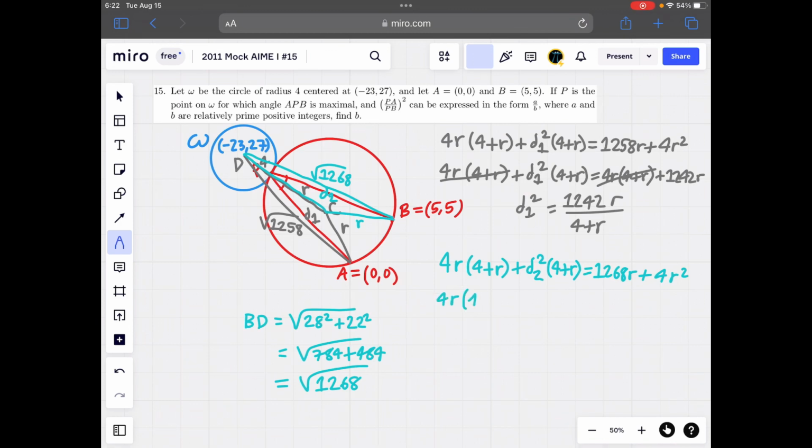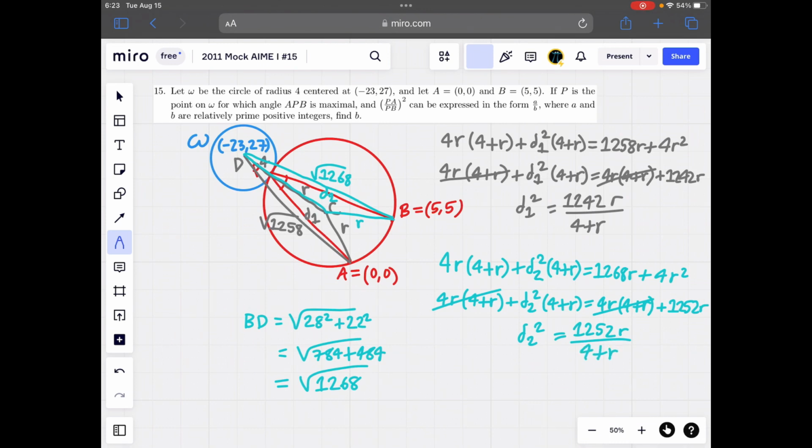So then we would have 4R times 4 plus R plus d2 squared times 4 plus R equals 4R times 4 plus R, which is 4R squared plus 16R, and then what's remaining is 1252R. So we can cancel the 4R times 4 plus R. We're left with d2 squared equals 1252 times R over 4 plus R.